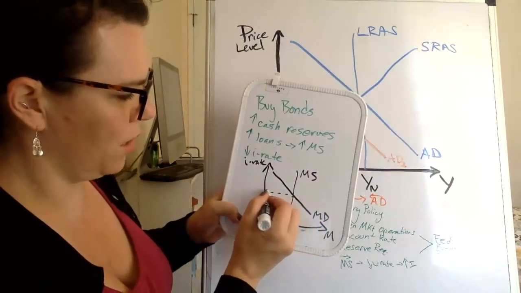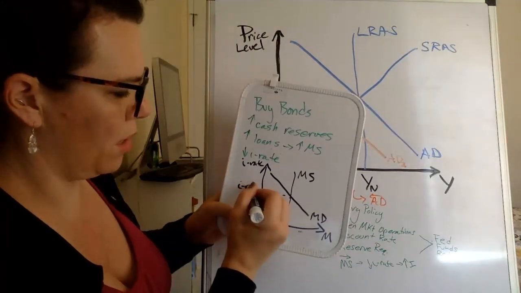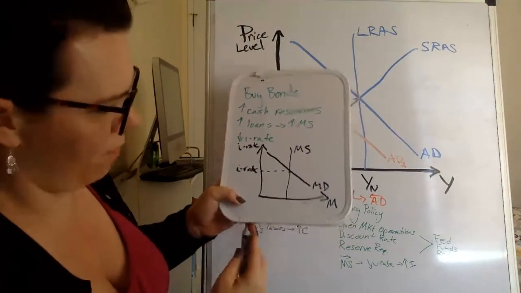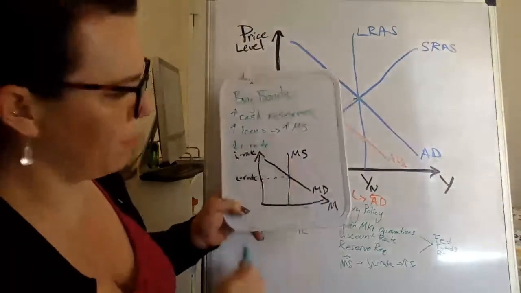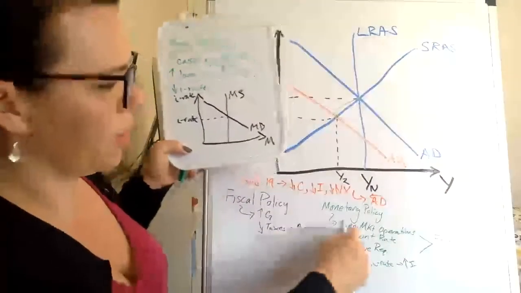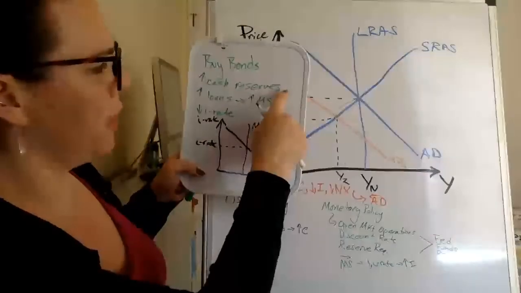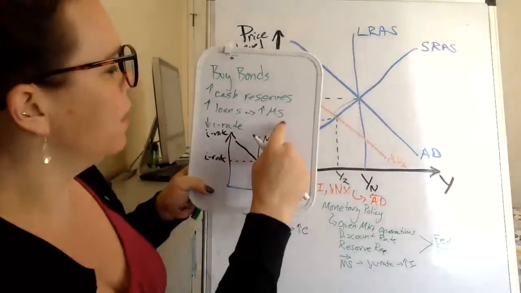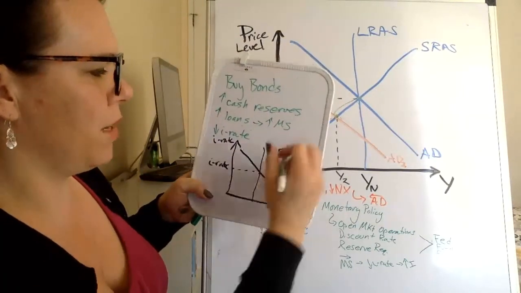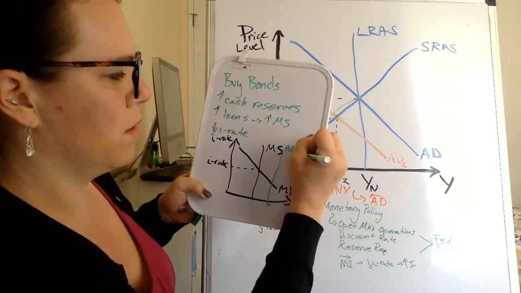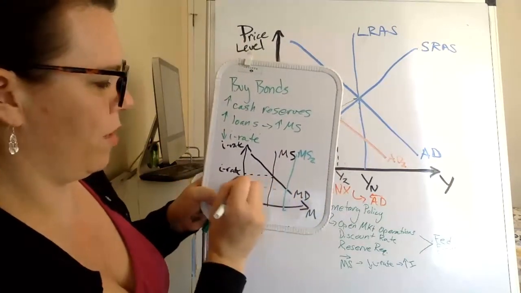And so there's some equilibrium interest rate here. If we engage in this monetary policy using open market operations to buy bonds to increase the cash reserves at banks, to increase availability of loans, that's going to shift the money supply out, lowering the equilibrium interest rate.